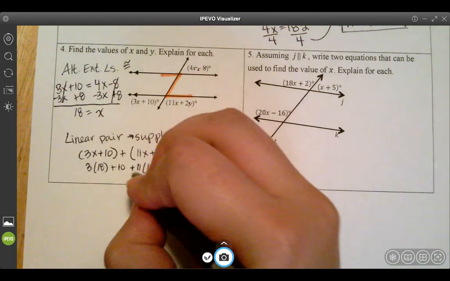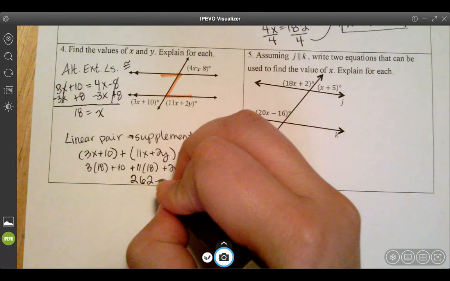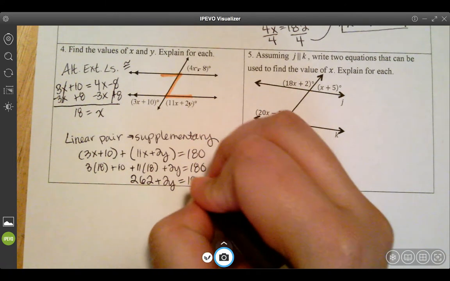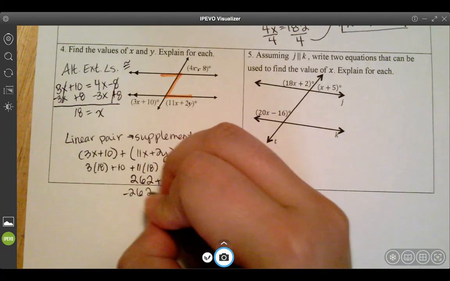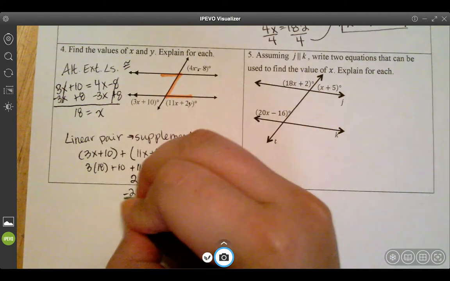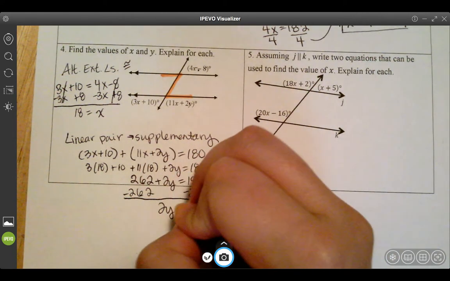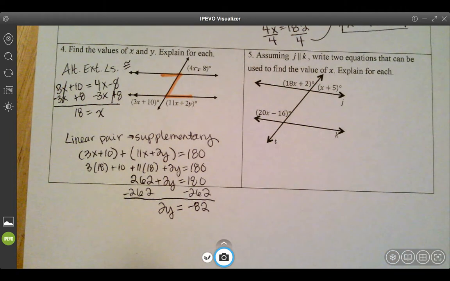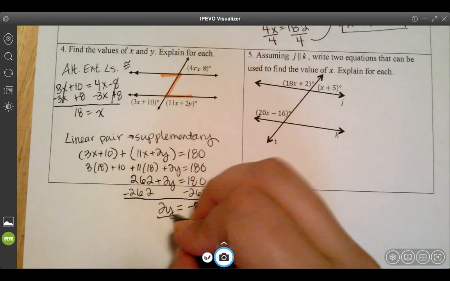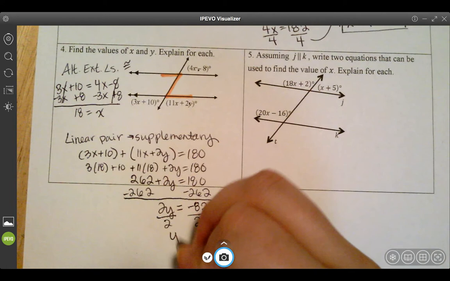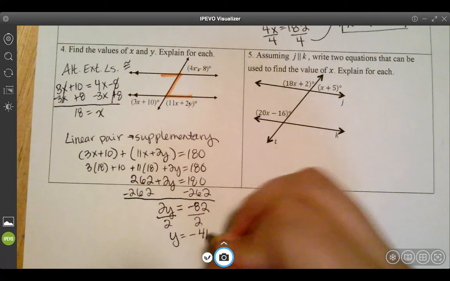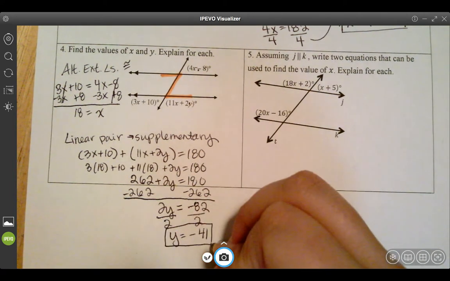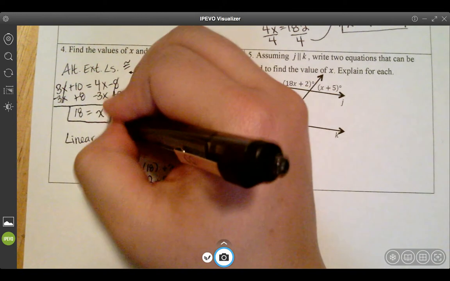So you can say this is 262 plus 2y equals 180 minus 262. 2y equals negative 82. Divide by 2. Y equals negative 41. So there's y and there's x.